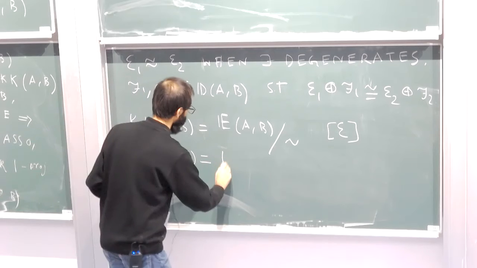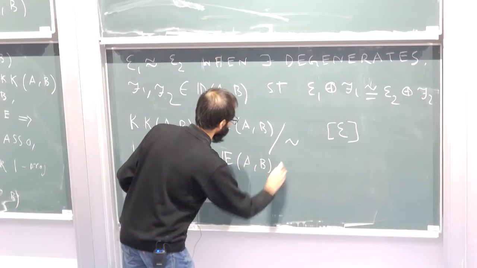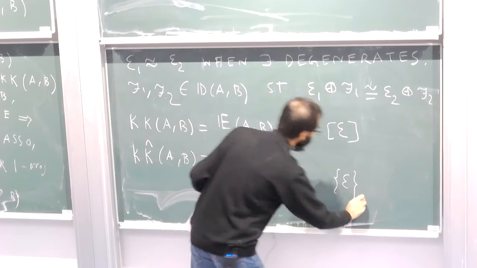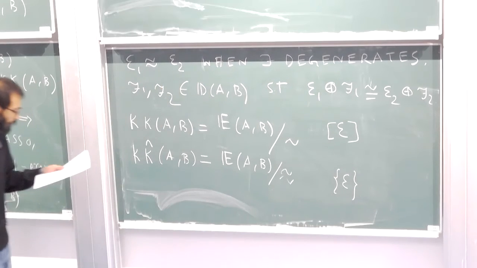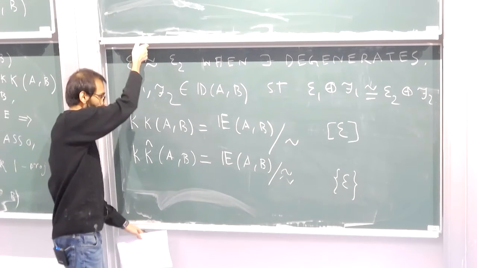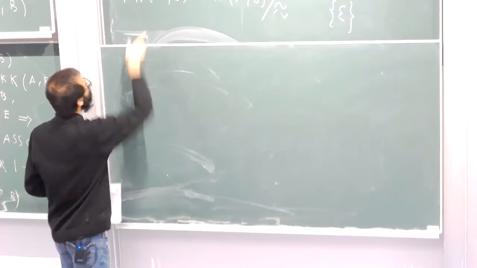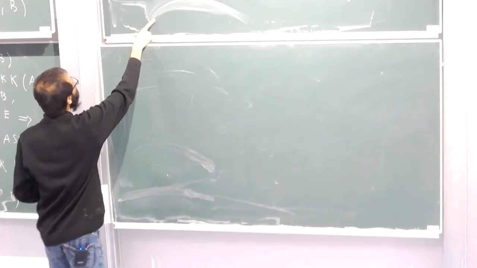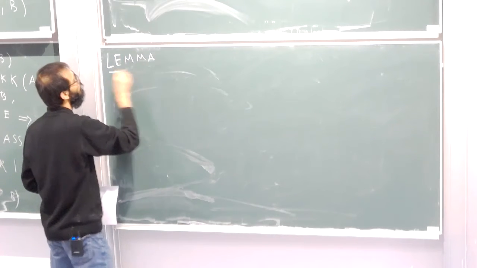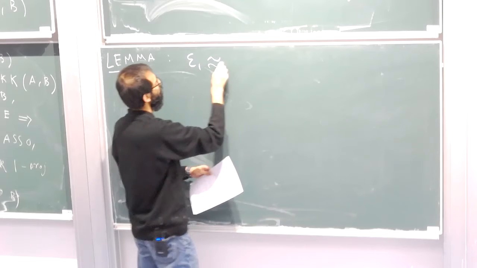Kasparov defined it in a slightly different way. This definition is by Skandalis. And the class is written as curly brackets E. The lemma says this.